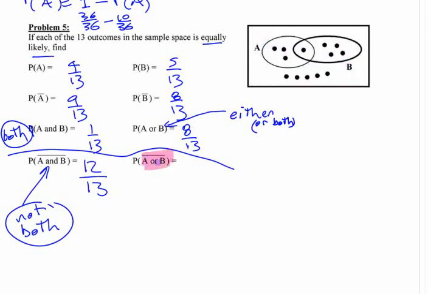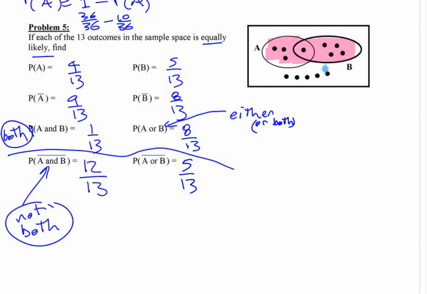This one causes problems until you start to think about it as the complement of this, because there's just a line over top, not whatever that is. What's the number got to be then? If this is 8 out of 13, this has to be 5 out of 13. If you want to draw it on there, this is one or the other or both.